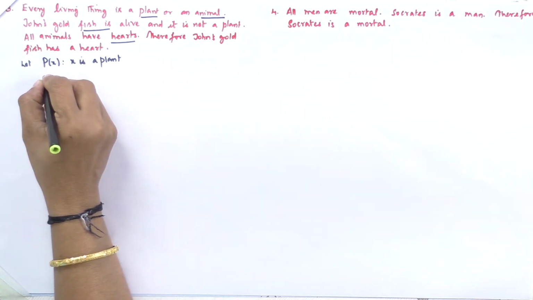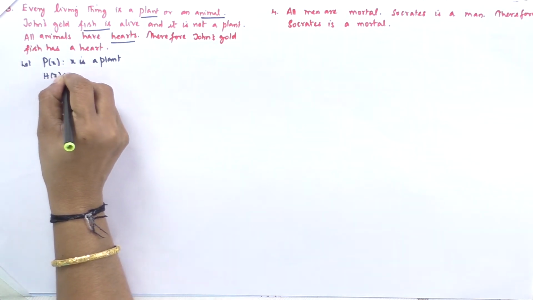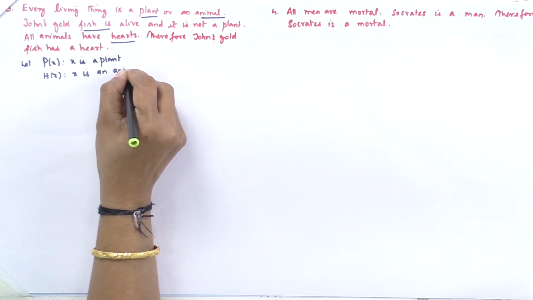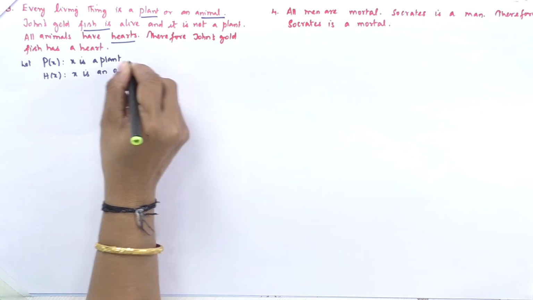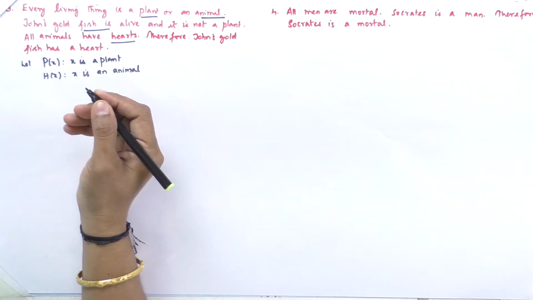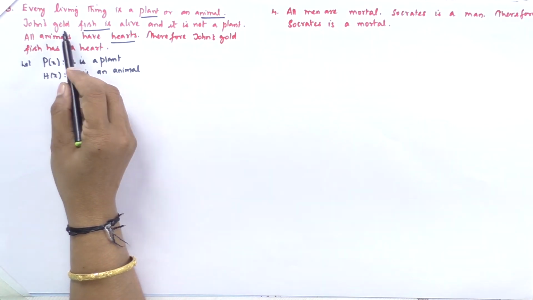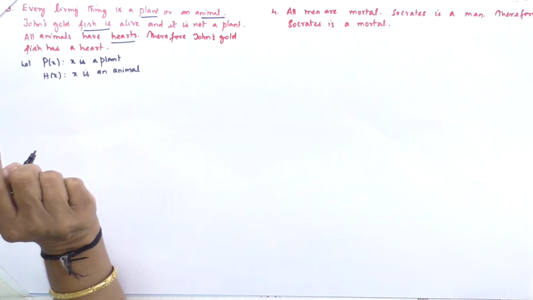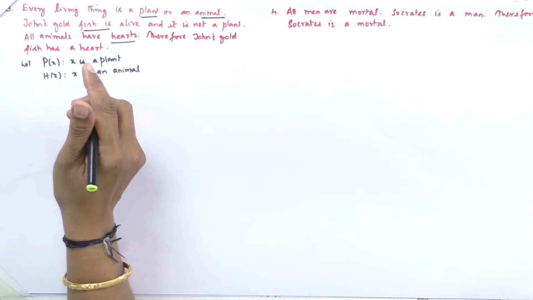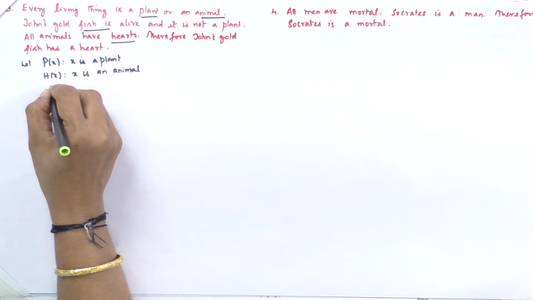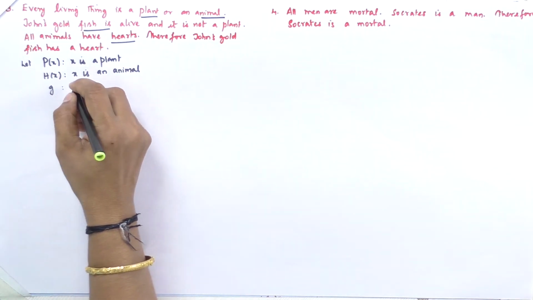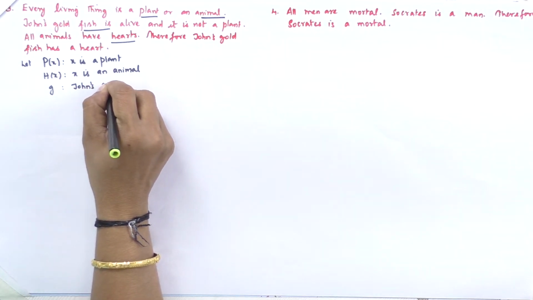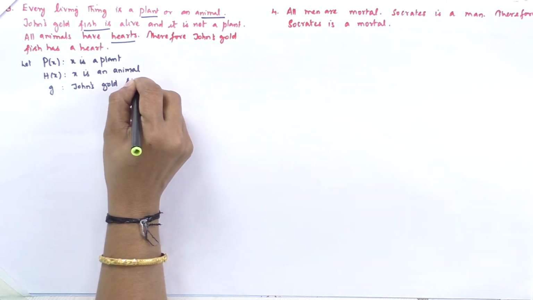Next is A of x, x is an animal. Then hearts, or we can have John's goldfish. John's goldfish is a specific thing; it is not generalized here.